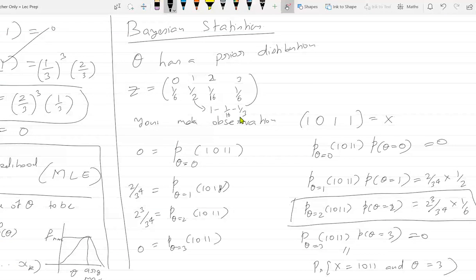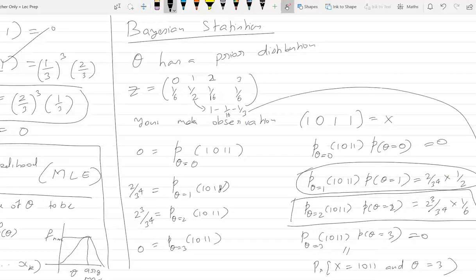So if you jack up this probability value for 1 to be very high, then you suddenly see that you will choose this instead of that, because this particular value will come here. So instead of this 1/2, you will get this particular value there. And suddenly the prior distribution has influenced our estimate.